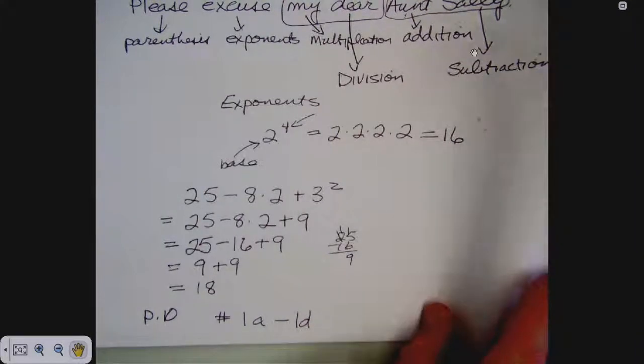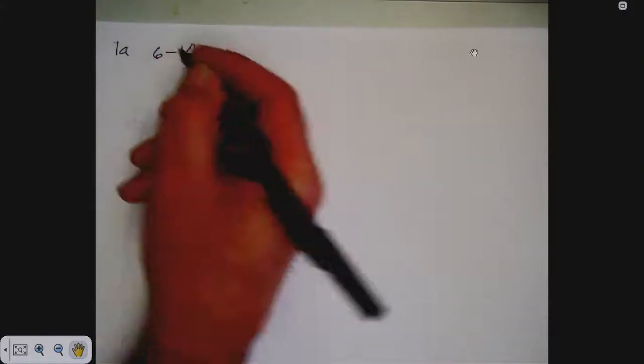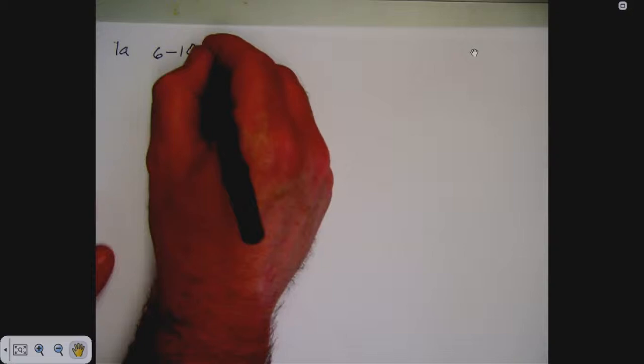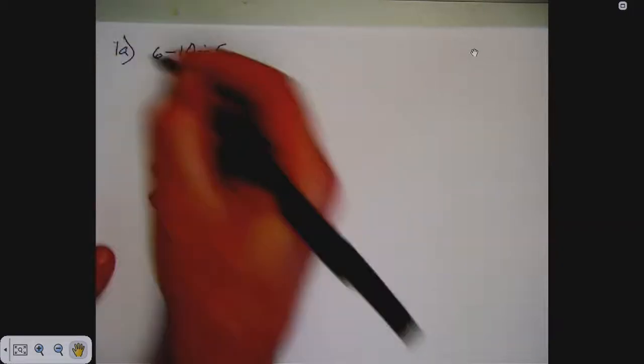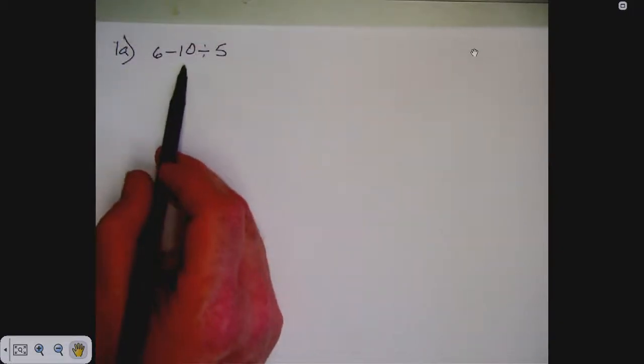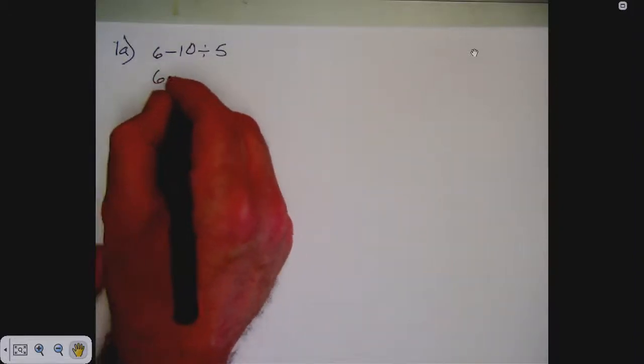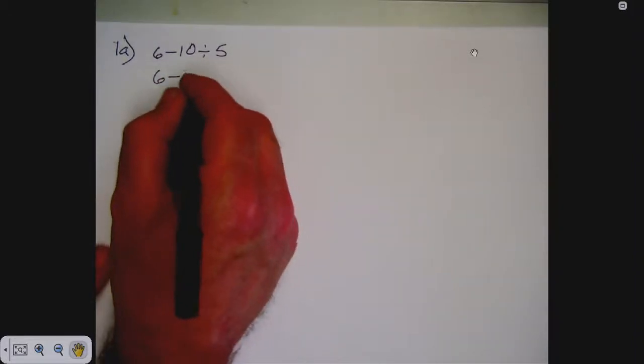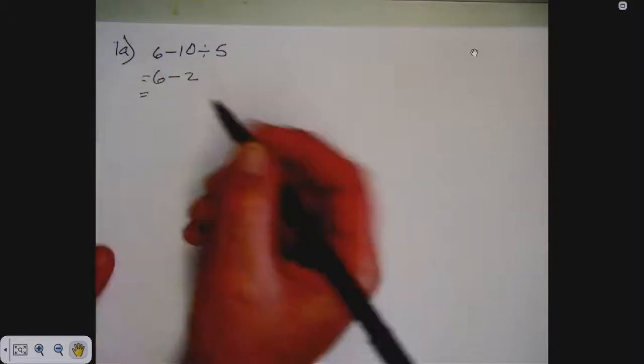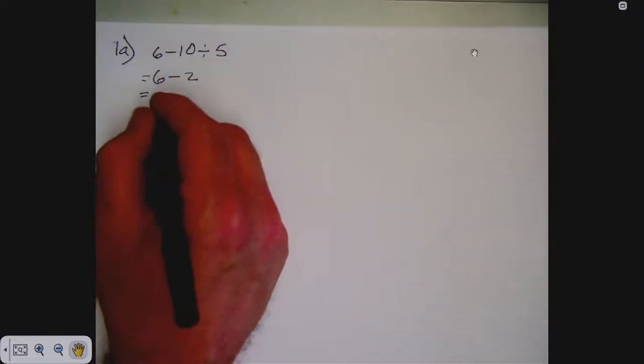Okay? So now, you should have paused that. Now you can go back to it, and I'm going to do it. 1A is 6 minus 10 divided by 5. What I'm going to do first is this part, the division, following PEMDAS. So I'm going to go 6 minus 2, and then 6 minus 2 is 4.